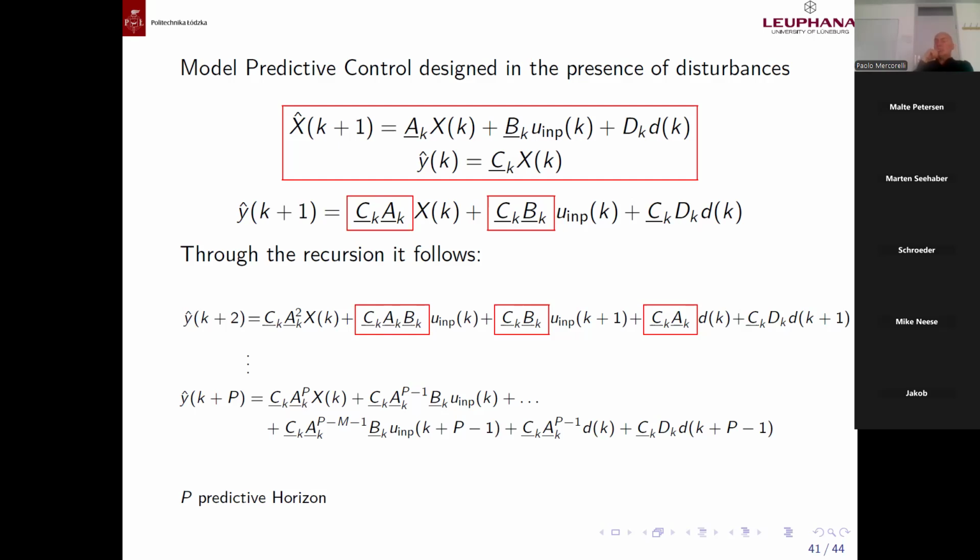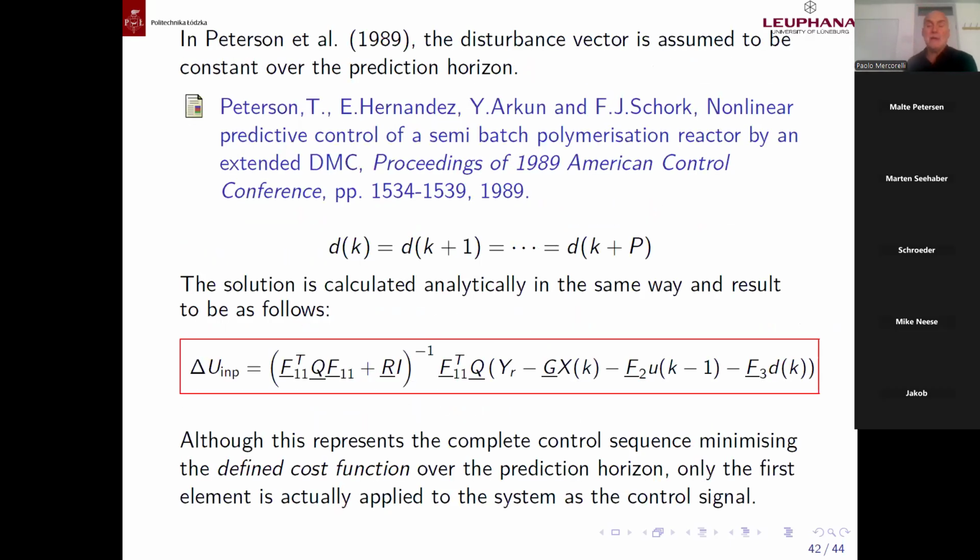If I do the same calculation, we can see here the prediction, as I did before, the prediction we saw last time. You remember this page with P steps and so on. We have the reference, in which, again, I am considering d constant over the prediction horizon.